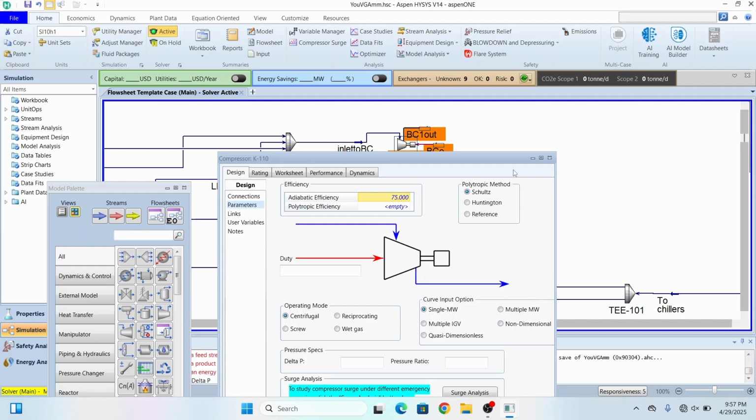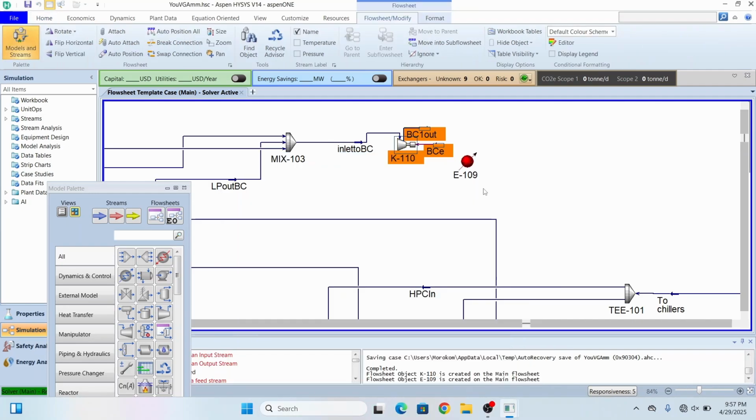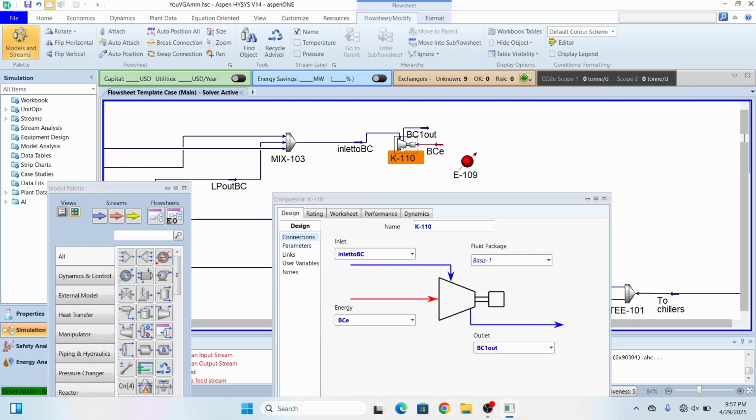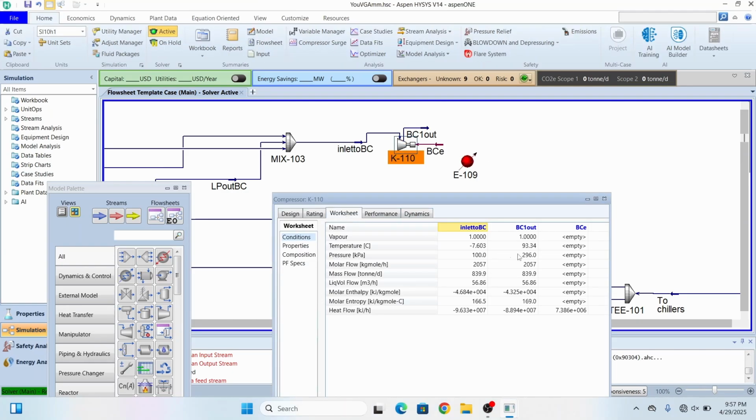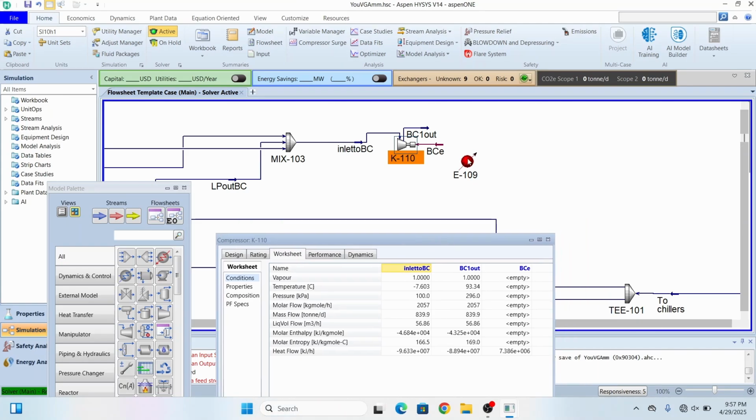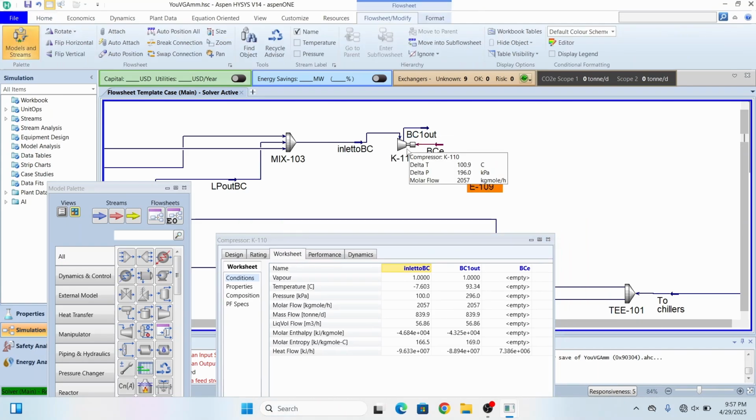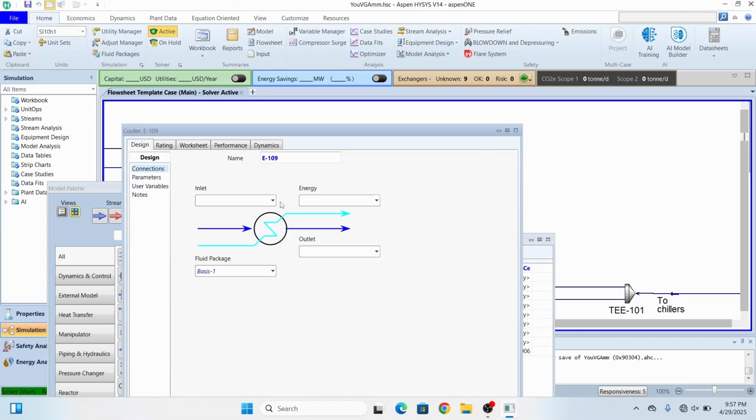That is good. Now if I double click on my compressor and go to the worksheet, you can see the temperature is increased to 93. So we will use an intercooler. This intercooler will be used to decrease the temperature; intercoolers generally have water as their cooling media.